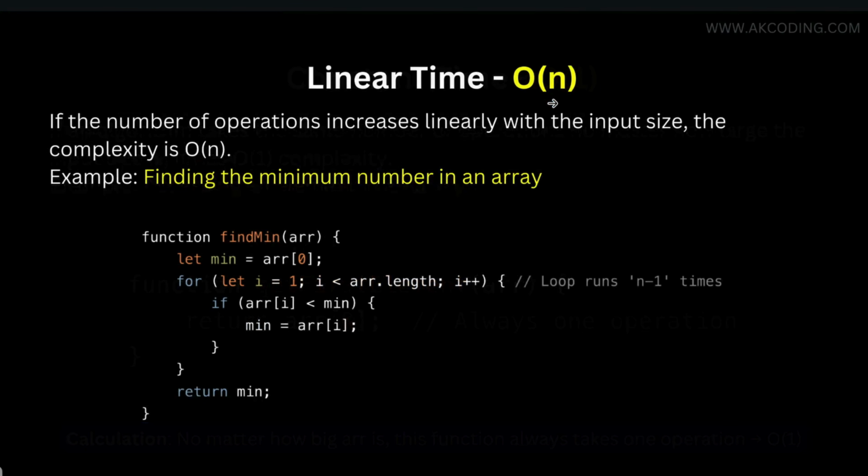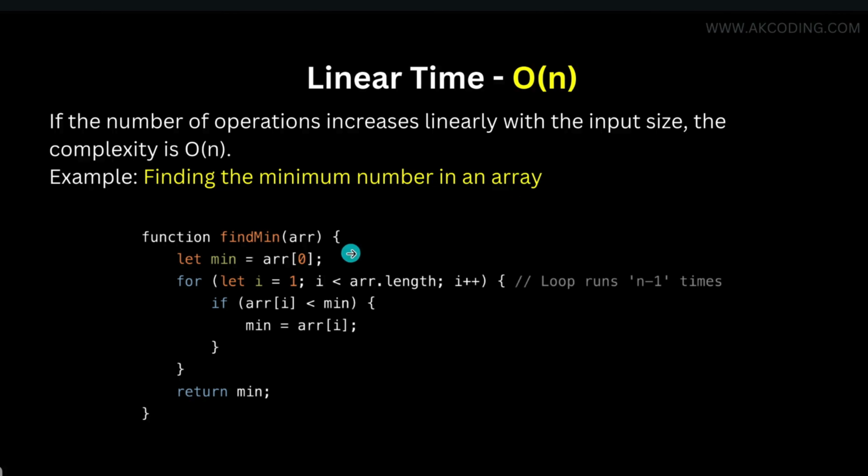Moving forward, linear time. If the number of operations increases linearly with the input size, the time complexity will be O of n. Let's take an example: find the minimum number in an array.